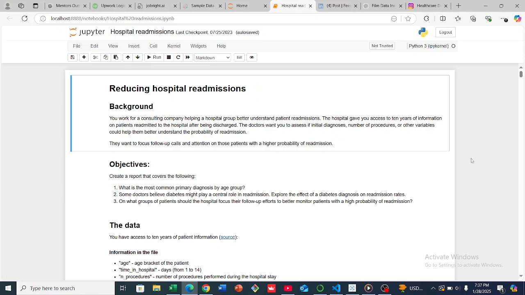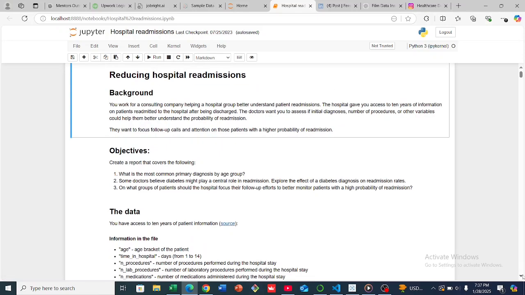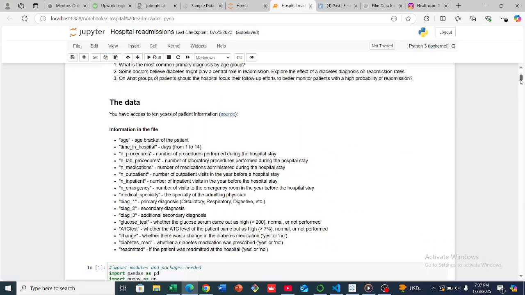The next thing I did was to look at our dataset, which we'll be using to tackle this problem. Our dataset contains 10 years of patient information. In the file, we have age, which is the age of the patient. Then we have a column for time in hospital, the time the patient has spent in the hospital, from 1 to 14 days.